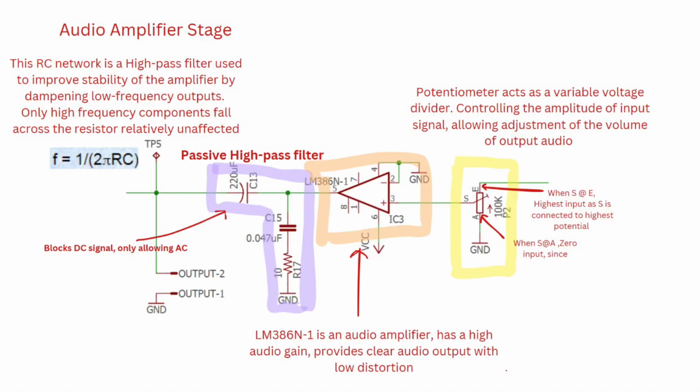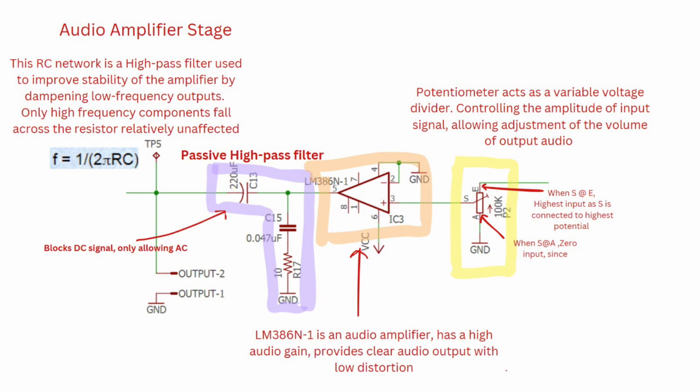And then lastly, I'd like to talk about the audio amplifier stage. So starting from the right again, you can see that we start with a potentiometer. This potentiometer consists of a slider, which is in the middle. When the slider is closer towards the E port, the highest input is inputted into the IC, because S is connected to the highest potential point.